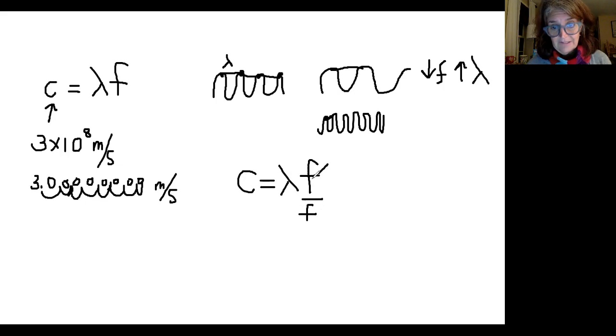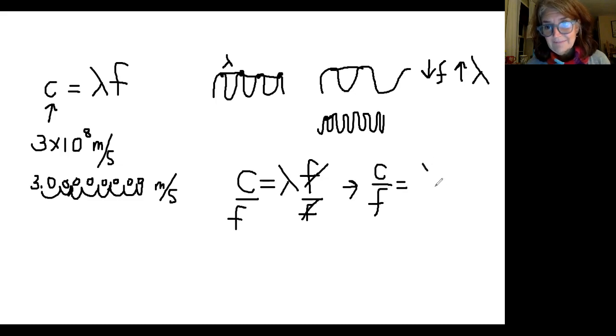If I get rid of this, now I'm getting rid of frequency, and divide by frequency on this side of the equation. And now I know the speed of light divided by the frequency is going to give me the wavelength, okay?